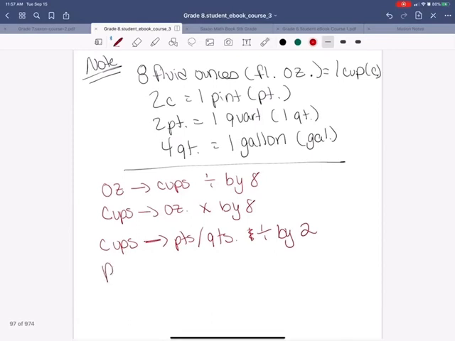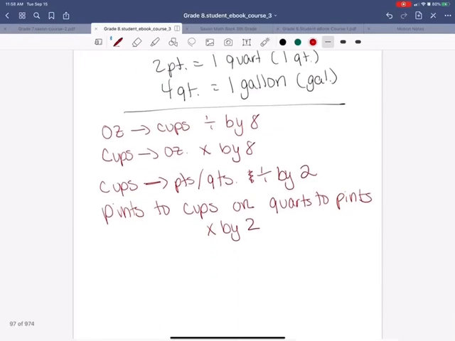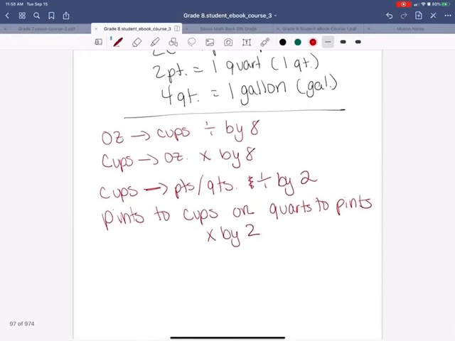And if you're going from pints to cups or quarts to pints, you can multiply by 2. All right. So those make it easier for you to remember. Whatever works for you works for me, as long as you show your work.